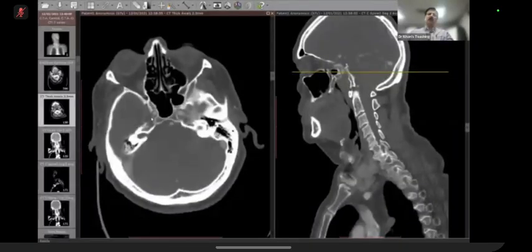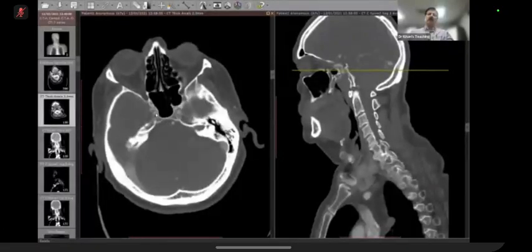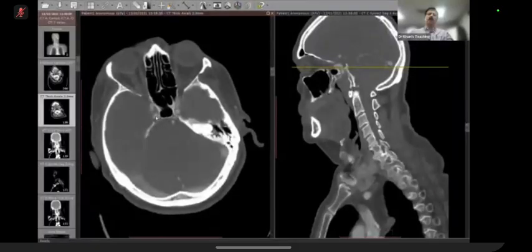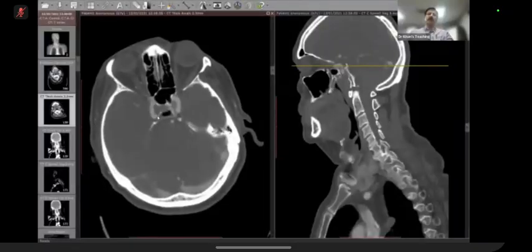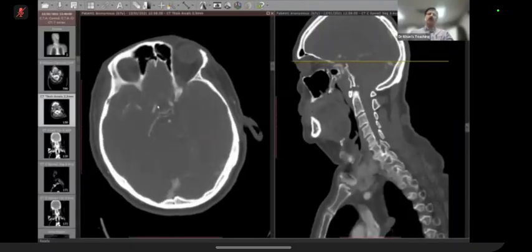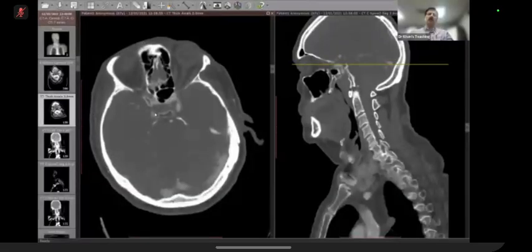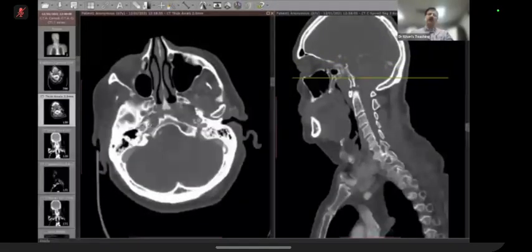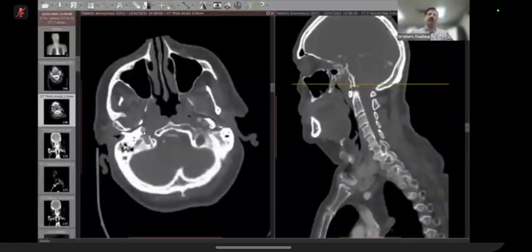Here, you know it is passing superior to the level of the foramen lacerum. And here, it is going into the cavernous portion, cavernous sinus. And of course, then there is supraclinoid portion. That's not part of our mandate today. We are just interested in the carotid canal.